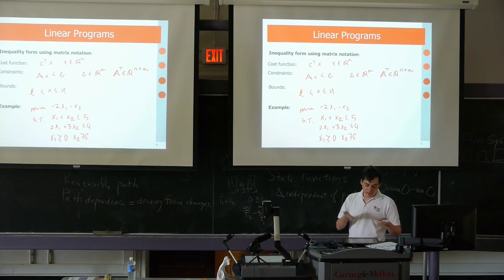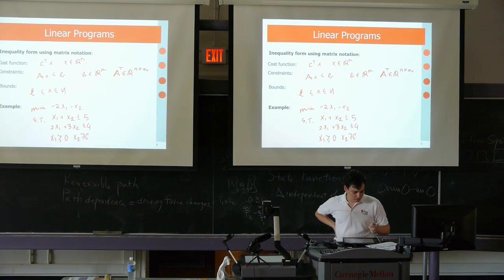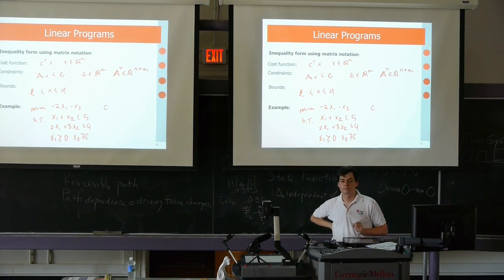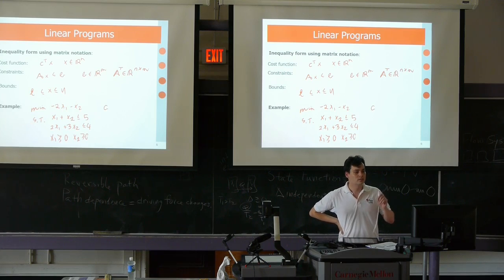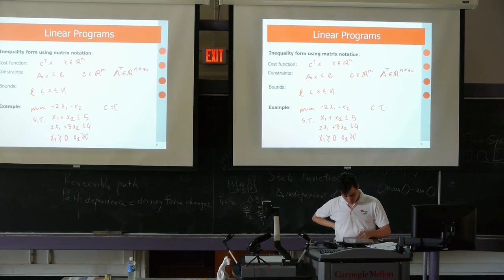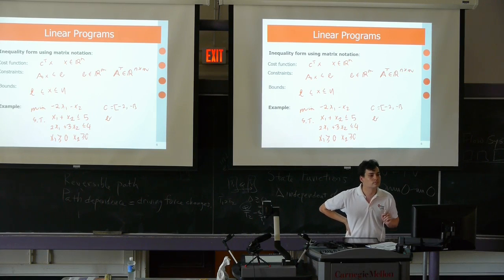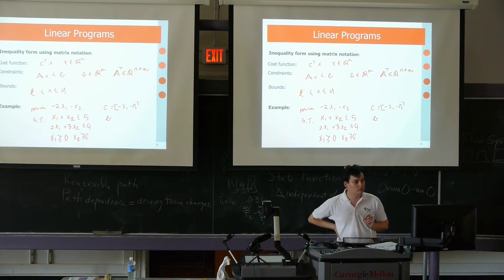Okay, and if I want, I can rewrite this whole thing with matrix notation too. So please help me. What's the C vector in this case? Minus 2, minus 1. Minus 1. Okay, we need a vector B. You want its transpose? Yes.